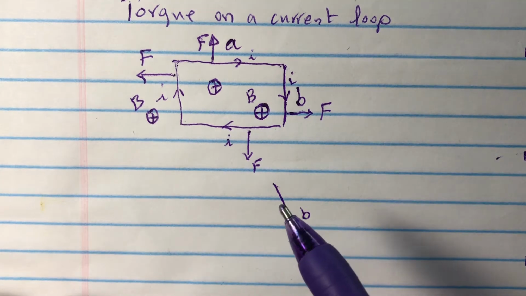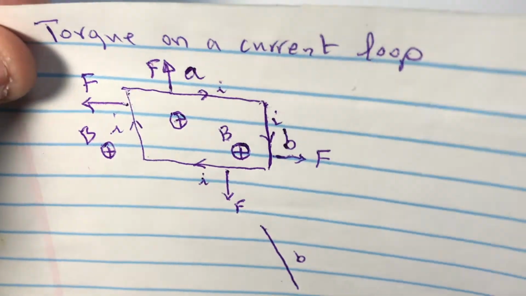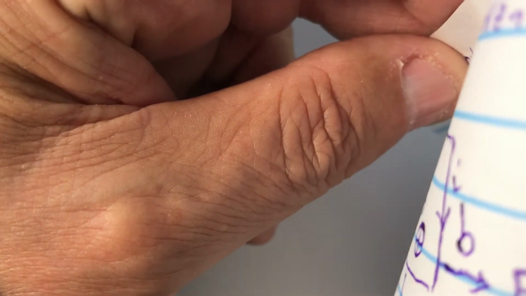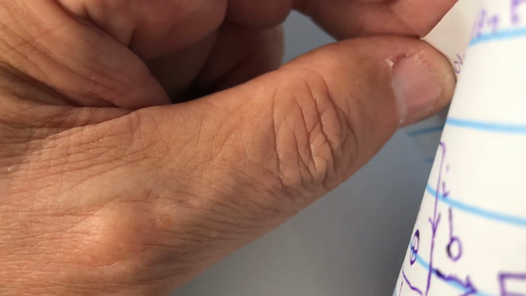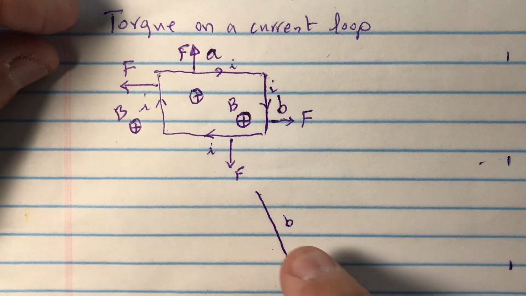So what I did to the loop is I went like that. You cannot see the other section of the loop. Now, I see only this section.